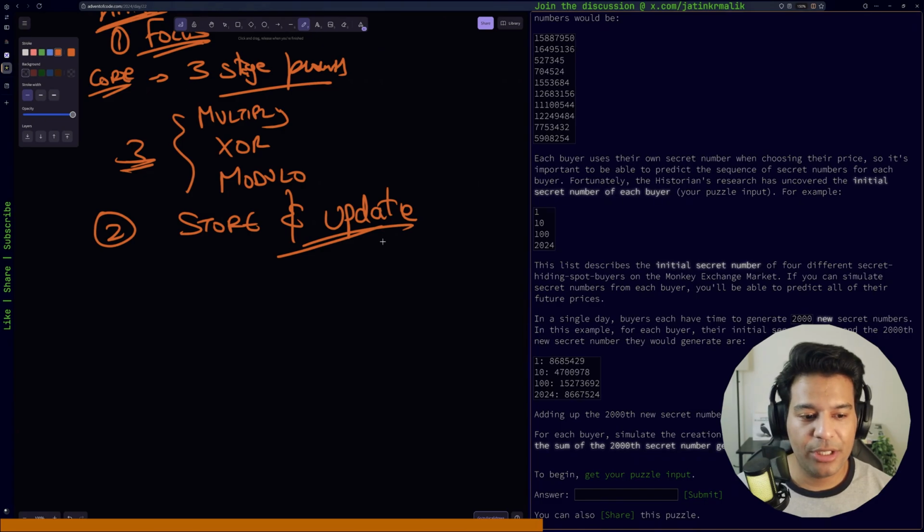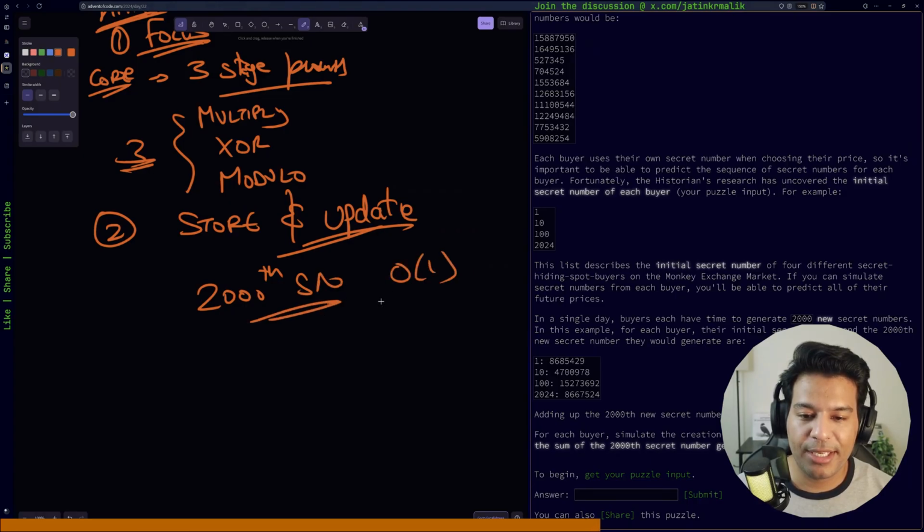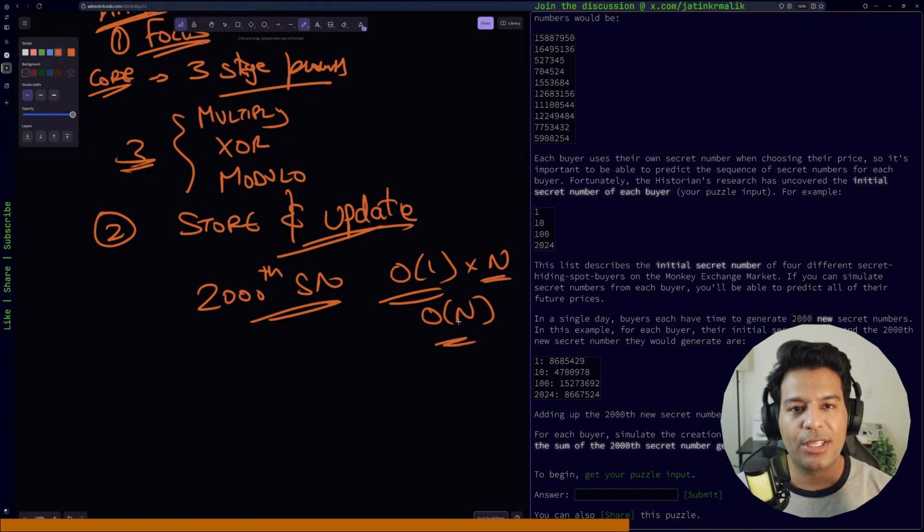And in this question, I think it's always good to see what you need. So we don't really need to store the intermediate secret numbers. It seems like we directly have to store the 2000th secret number. So probably your space complexity would be O(1) times n, which is the number of buyers, so O(n). You just need one variable for each buyer and you just need to update them in a row.